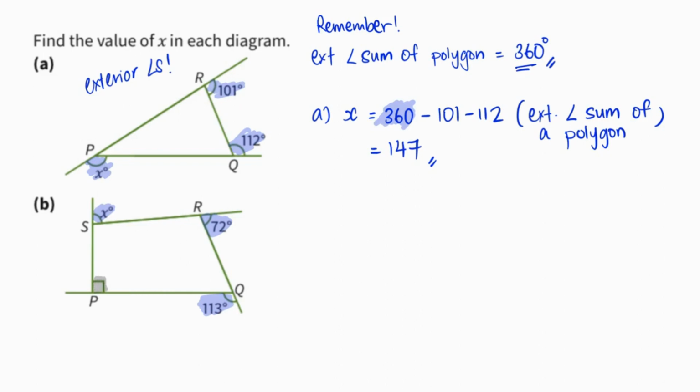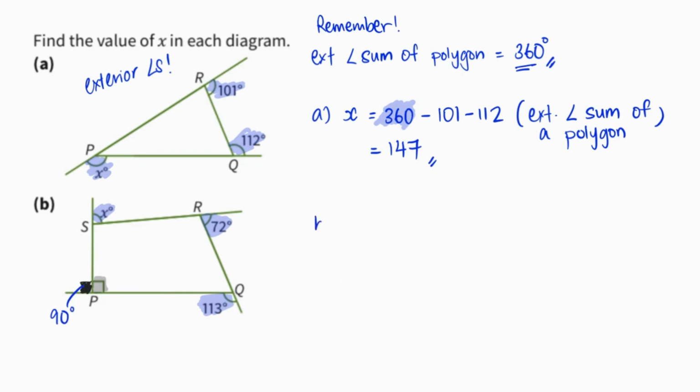What does this mean? This means that this is also 90 because it is a straight line. So I will then be able to know that the last exterior angle is 90 degrees.